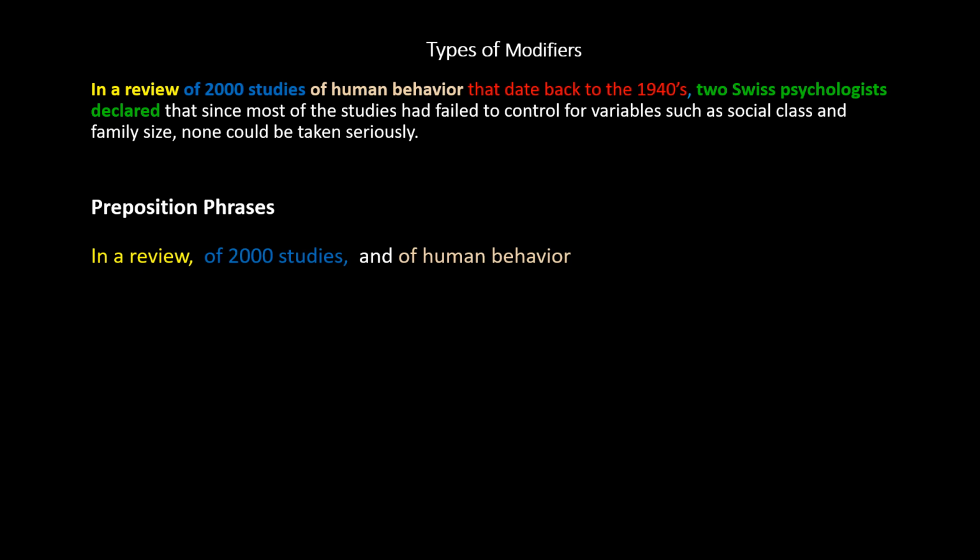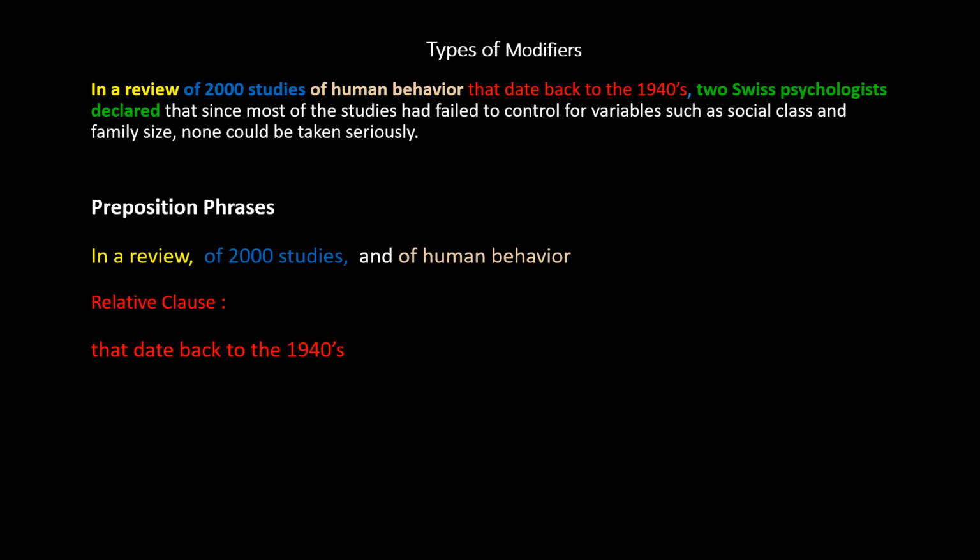Well, in this sentence, what is the subject? The subject is 2 Swiss psychologists and the verb is declared. If I read the sentence after eliminating all the modifiers, does it make sense? It does.